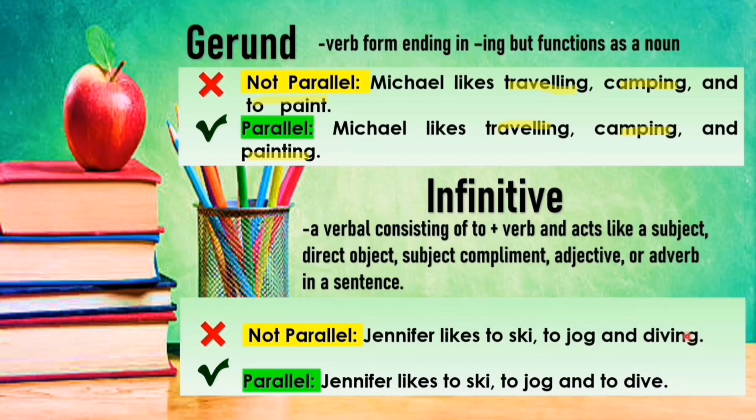This is not parallel because it is a combination of infinitives, to ski and to jog, and a gerund, diving. To make it parallel, we need to change the word diving into an infinitive. It will become Jennifer likes to ski, to jog, and to dive.